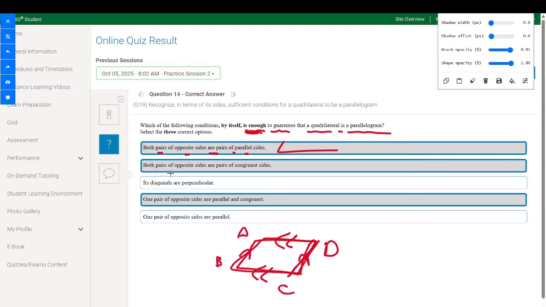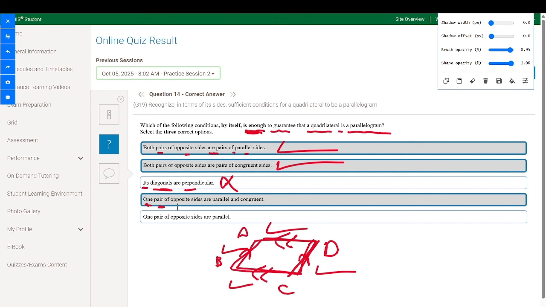Now both pairs of opposite sides are pairs of congruent sides. Yes, AB is congruent to CD, AB equals CD, and BC is equal to AD. Yes. Now its diagonals are perpendicular. It is the wrong answer.